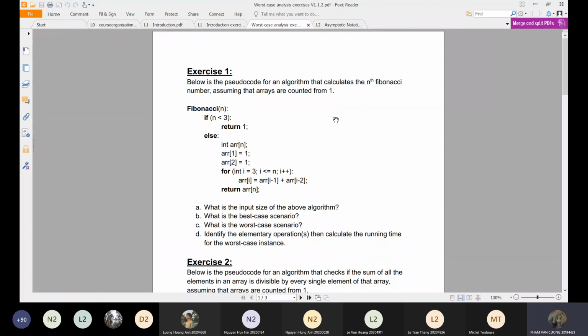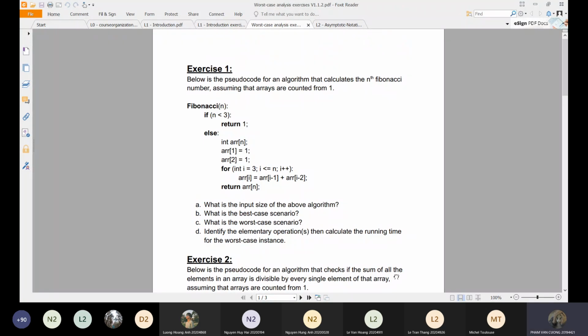Okay. Has anyone got the answer for exercise 1? Starting from question A. You can type in the chat. No, not yet.